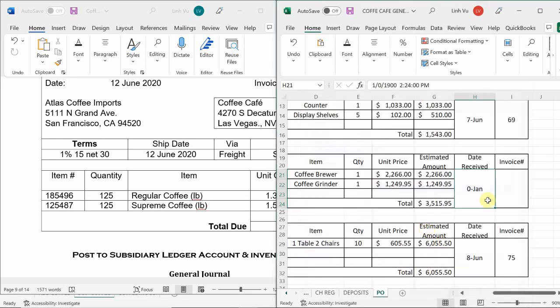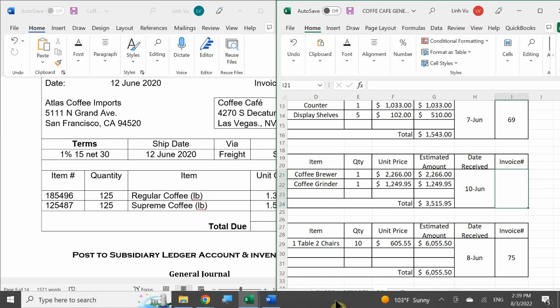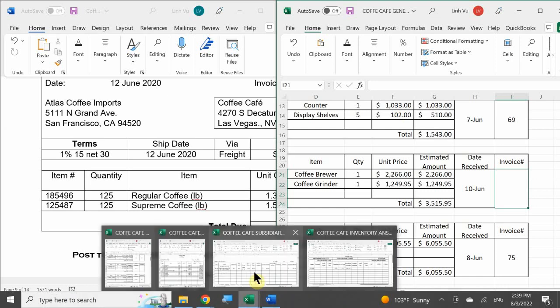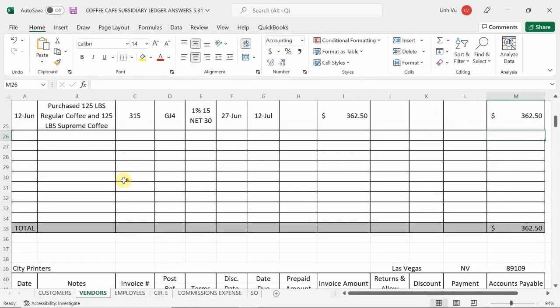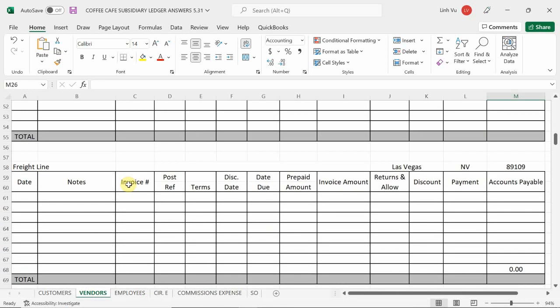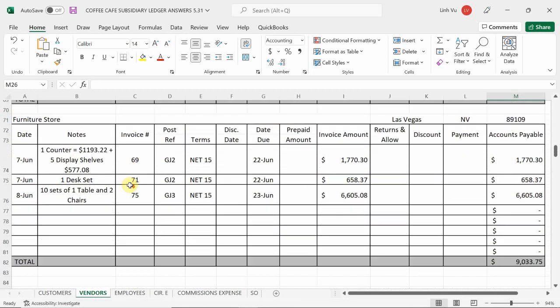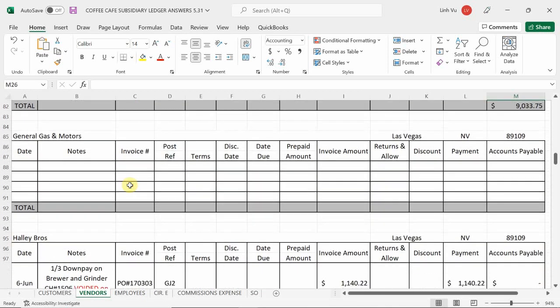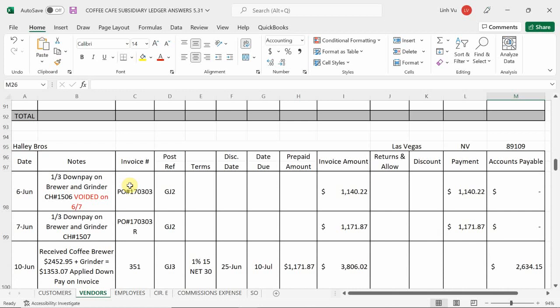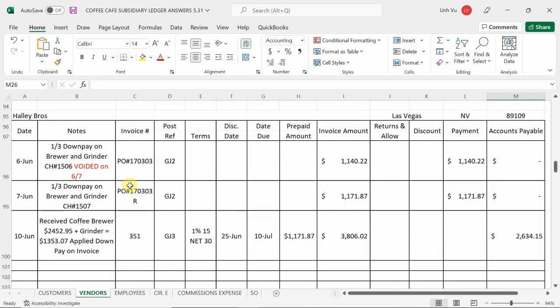So June 10, if I remember, this invoice was invoice number 351.